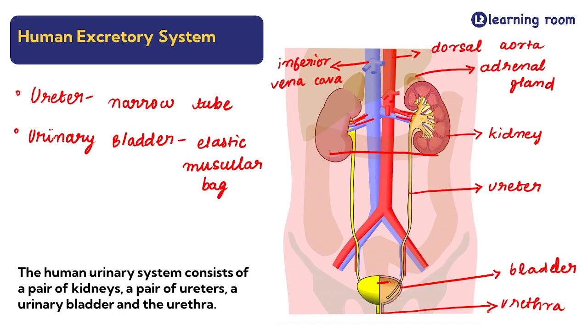When the bladder reaches capacity, this urine needs to be excreted from the body, and this occurs through a narrow duct called the urethra. The urethra is the duct through which urine passes out of the body.